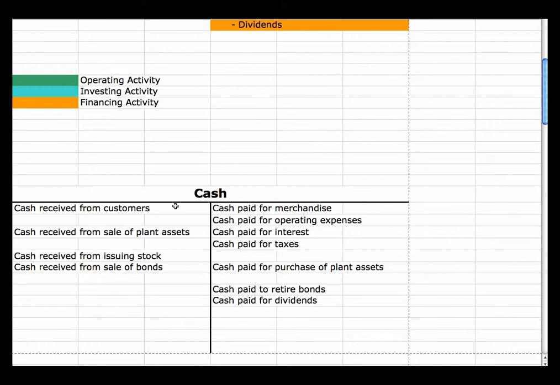So on the debit side of this T account will be the increases to cash or the sources of cash. And on the credit side of the T account will be the uses of cash. When we look at a specific transaction on the debit or credit side of this T account, you can ask yourself, how does this affect the balance sheet that we're showing up here?